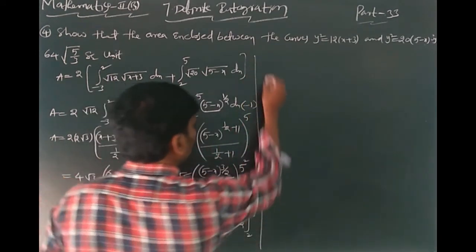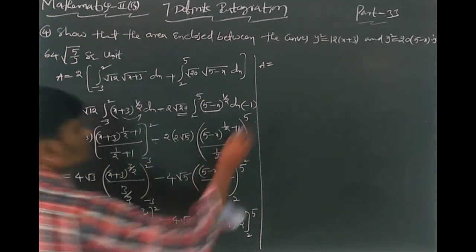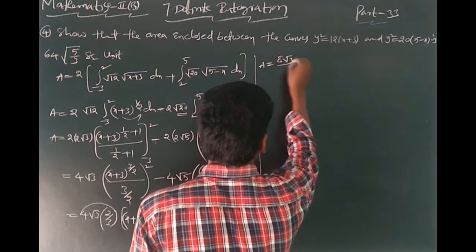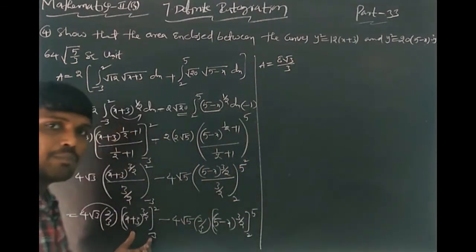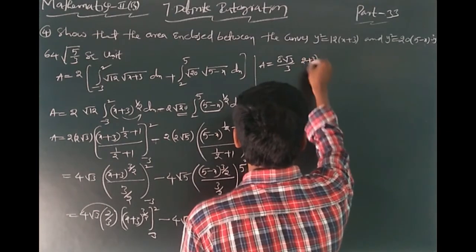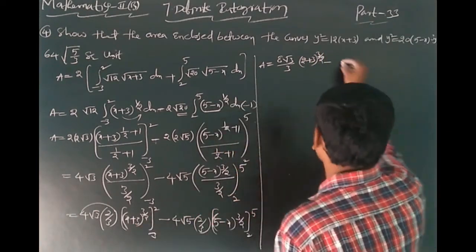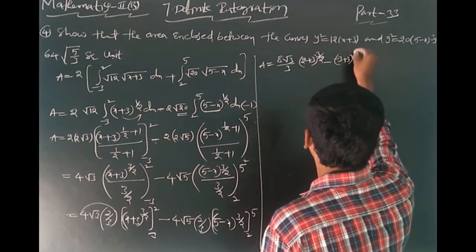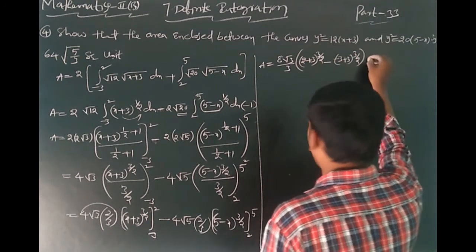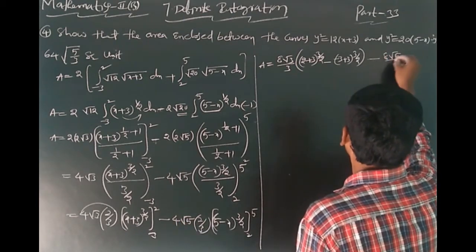You can write area A is equal to here 4 2s are 8 root 3 by 3. We can apply first the upper limit. Upper limit is 2 plus 3 whole power 3 by 2 minus lower limit, minus 3 plus 3 whole power 3 by 2 completed, minus of 4 2s are 8 root 5 by 3.